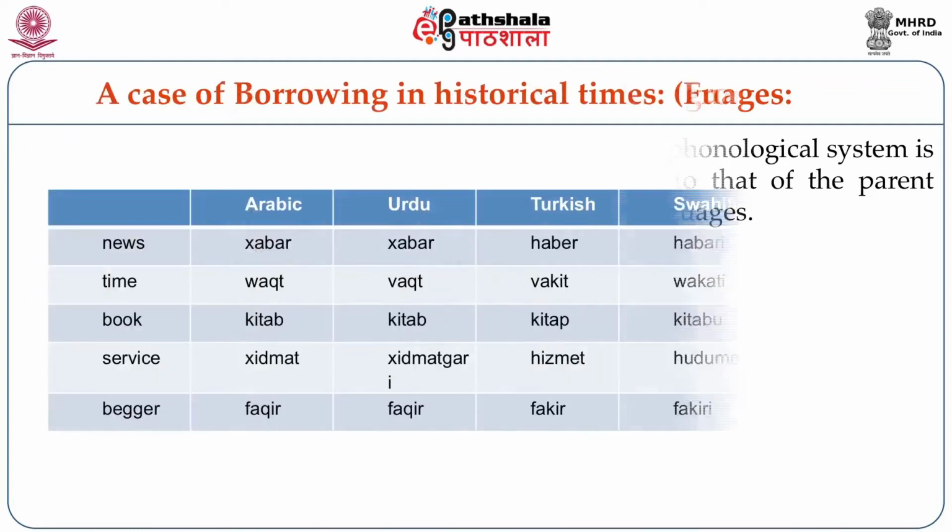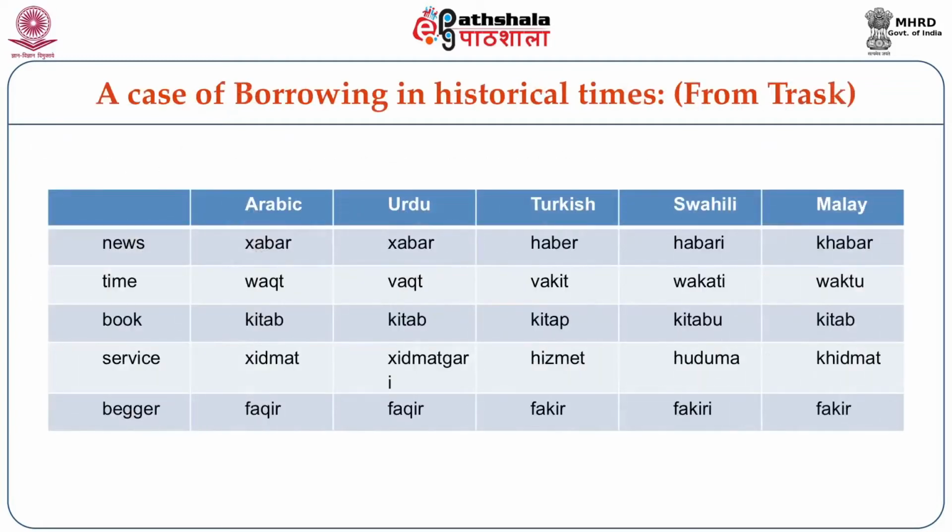Here, a case of borrowing has been given, taken from a book written by Trask. This is a case of borrowing in historic times. It's a very interesting case in the sense the languages involved are Arabic, Urdu, Turkish, Swahili, and Malay.